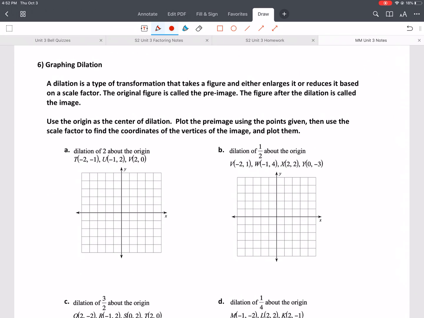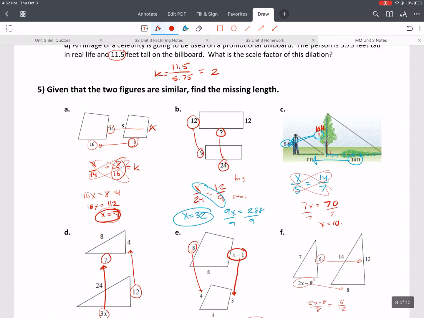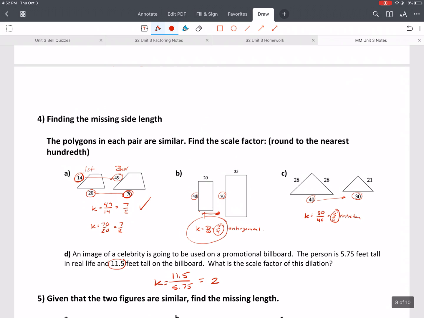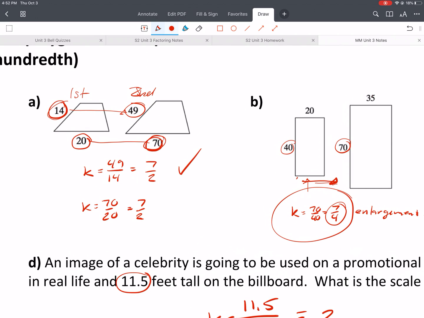All right, graphing and dilation, or graphing dilations, okay? So scale factor, like we talked about, is what you need to multiply to get the second image, or second shape, okay?